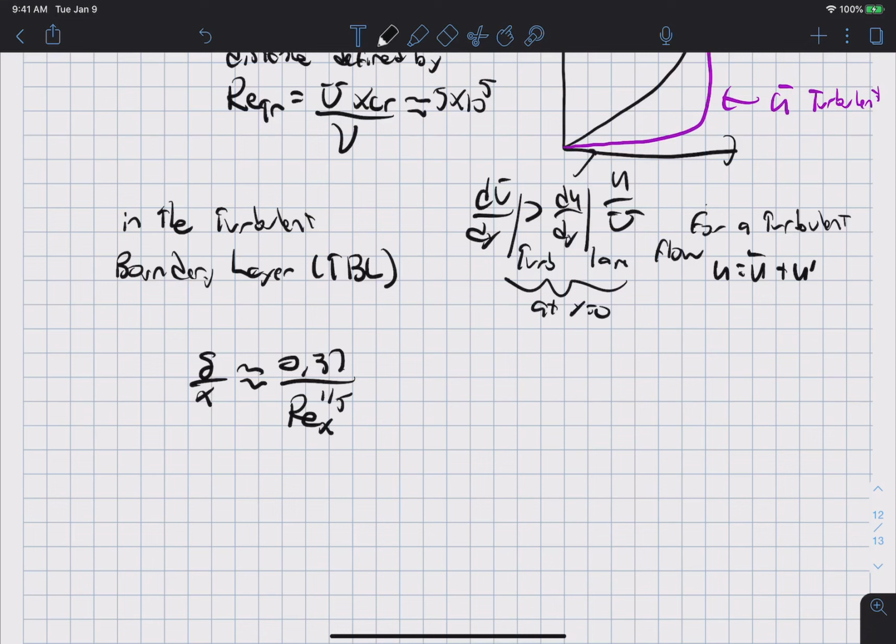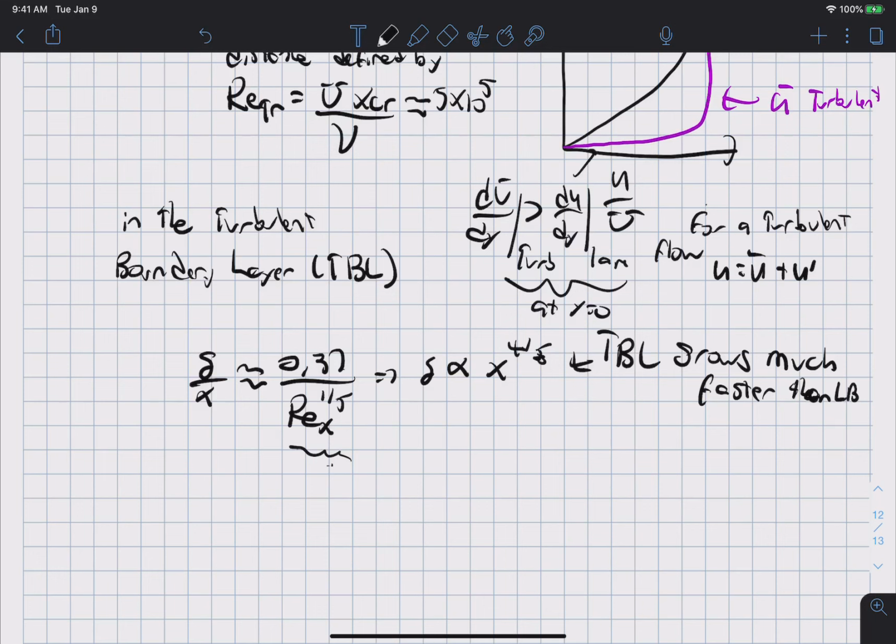If you work through the algebra on Re_x, what you find is that delta is proportional to x to the 4/5 power. So a turbulent boundary layer grows much faster than a laminar boundary layer.